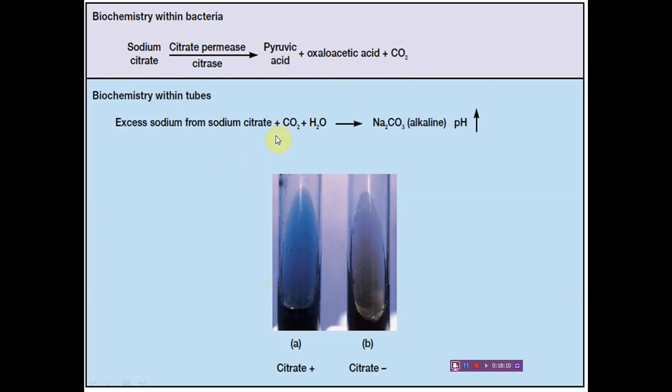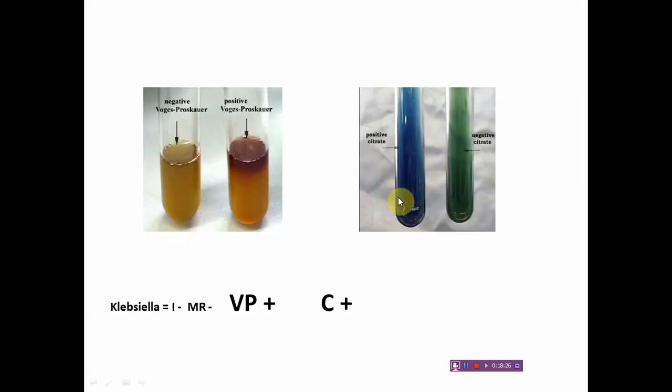The CO2 reacts with the excess sodium which is present in the medium, and there is a formation of sodium carbonate. The sodium carbonate is an alkaline end product. It increases the pH of the medium, and increase in the pH can be indicated by the blue coloration in the slant, as the indicator bromothymol blue changes the color from green to blue.